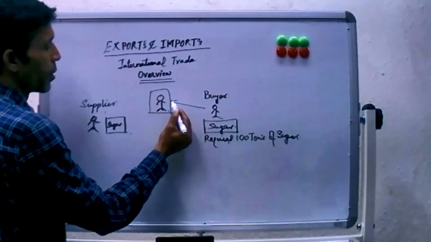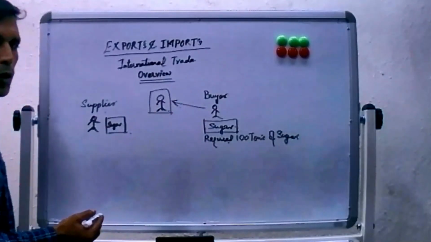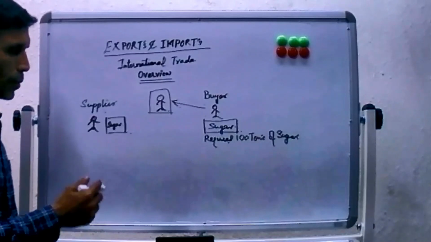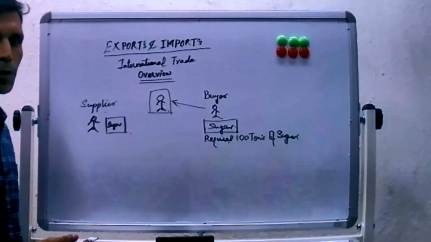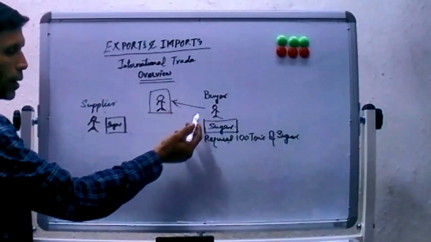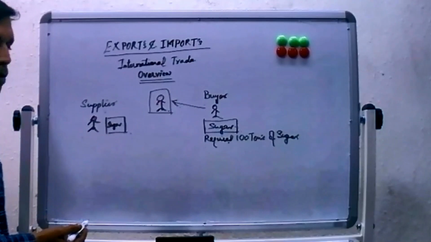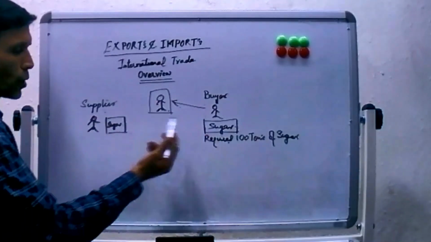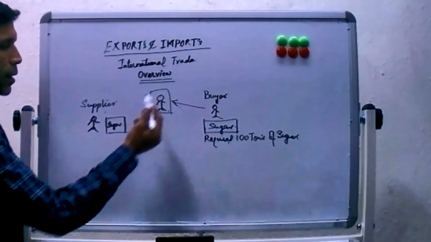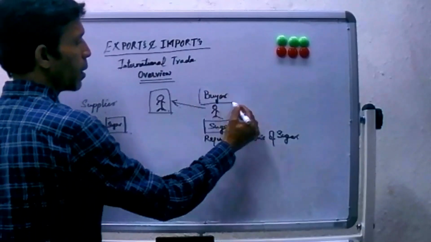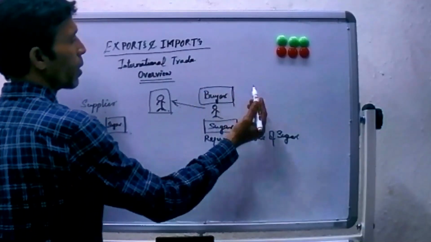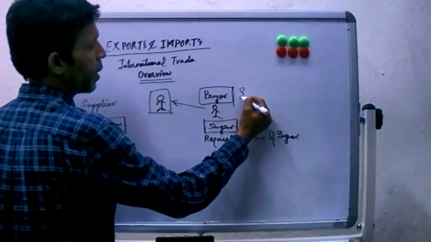Let us say you know the buyer, or you have a list of buyers like these. You have a list of suppliers, but these two don't know each other until now. And let us say this buyer is in Saudi Arabia.